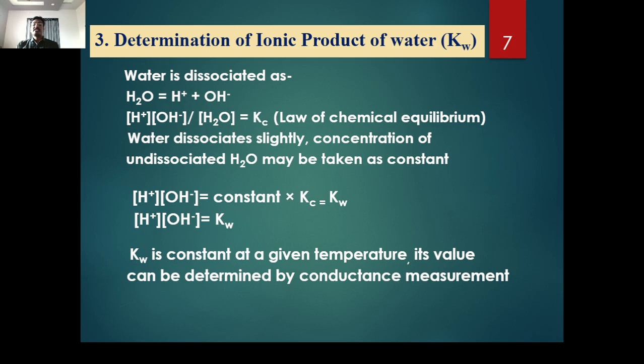We know water is dissociated slightly, and therefore the concentration of undissociated water may be taken as constant. Therefore the above equation is written as the product of the concentrations of H plus ions and OH minus ions equal to a constant, the equilibrium constant at concentration C, and that is nothing but the ionic product of water, which we call Kw. Therefore the ionic product of water, Kw, is nothing but the product of the concentration of H plus ions and OH minus ions.